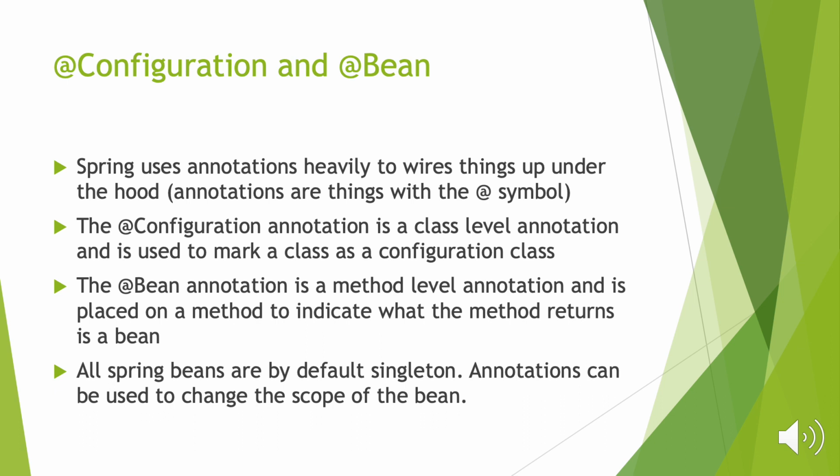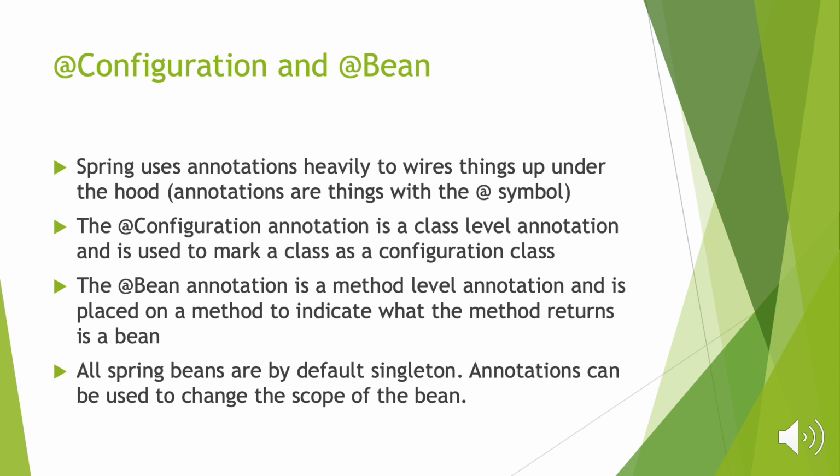Once a class is marked with @Configuration, Spring knows where to go in order to find the bean definitions. The @Bean annotation is a method level annotation, which means it's placed on top of a method, and it indicates that the method marked with the @Bean annotation returns a bean. So whatever the return value of that method is, Spring treats it as a bean.